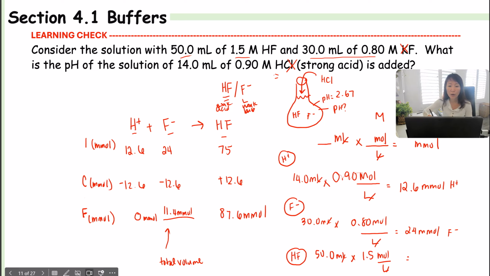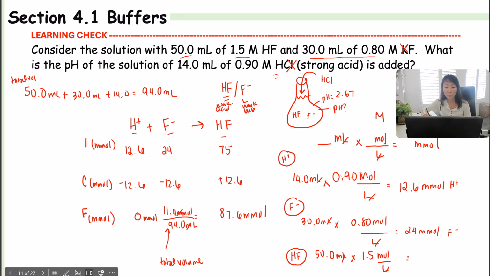The total volume is 50 mL plus the 30.0 mL plus the 14.0 mL. And you should get 94.0 mL. The M nicely cancels out, and now you have just moles over liter.